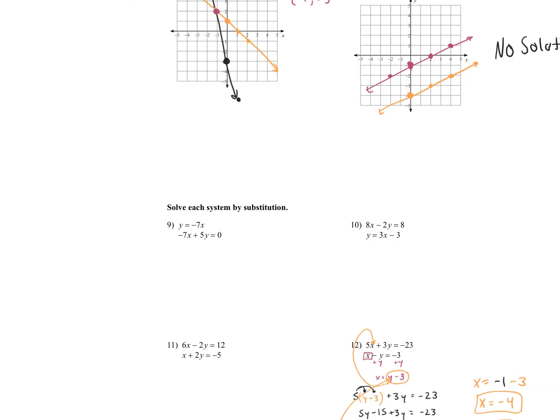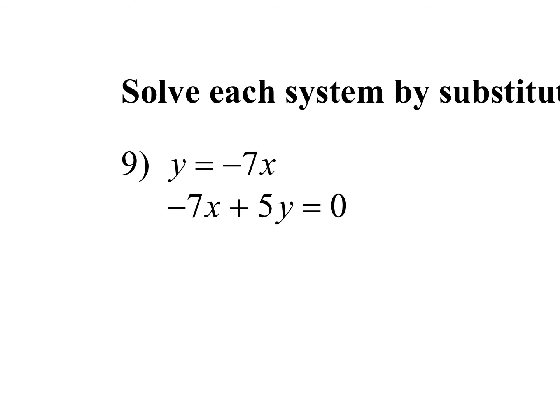So looking at number 9, do I have a variable that's isolated? Yeah. All right, so I have y isolated. So y is equal to negative 7x. What do I do with that negative 7x? Plug it in for what? Y, because y is equal to that.